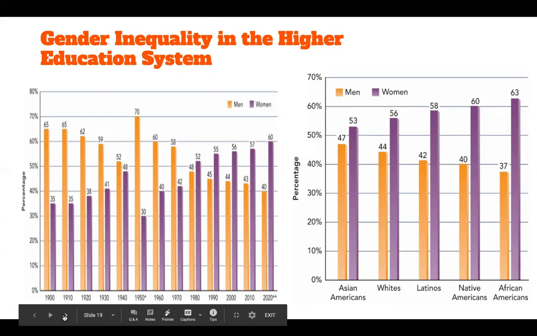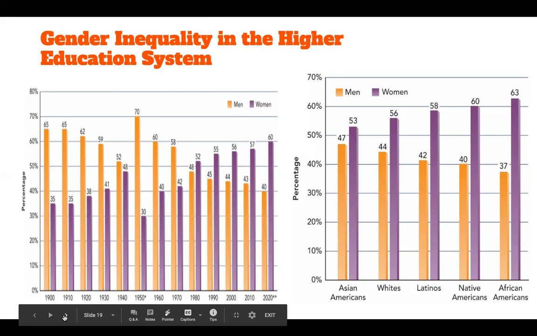Some groups, the gap is relatively small, like Asian Americans, and some groups, the gap is pretty large, like African Americans. And so this is maybe a gender success story. If anything, some higher educational scholars are starting to be concerned about, why are men rejecting college?